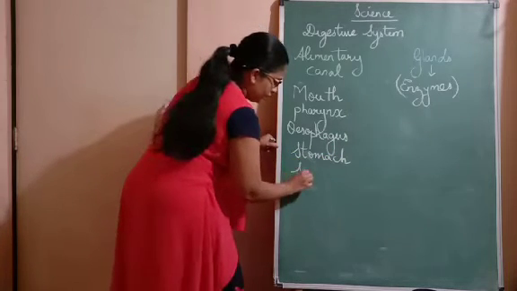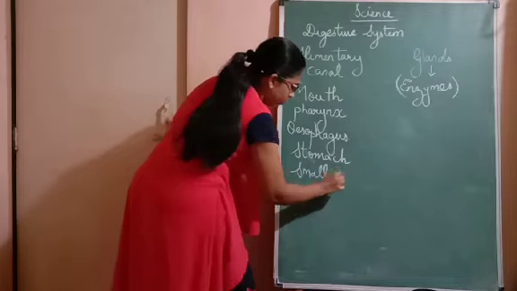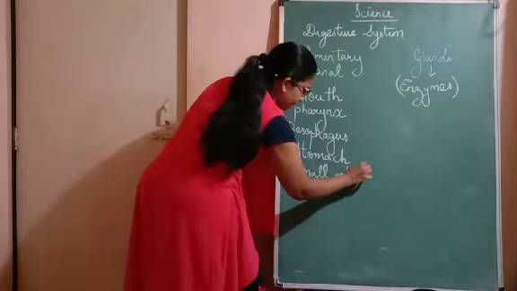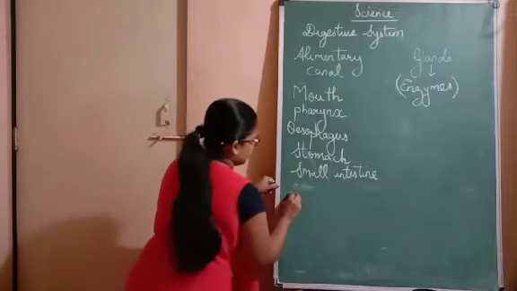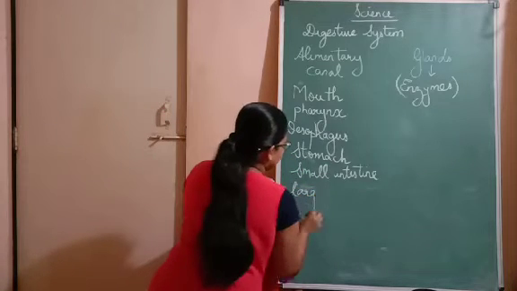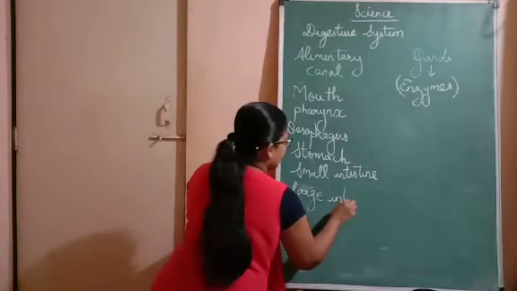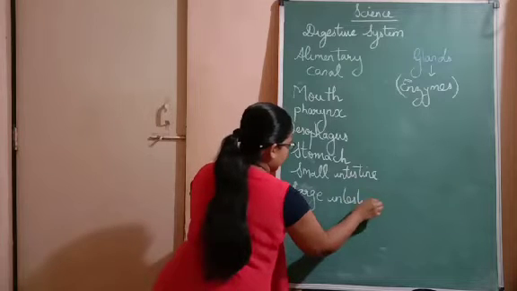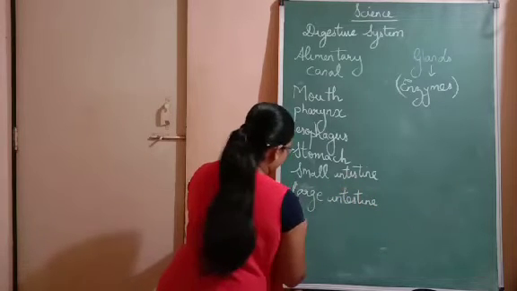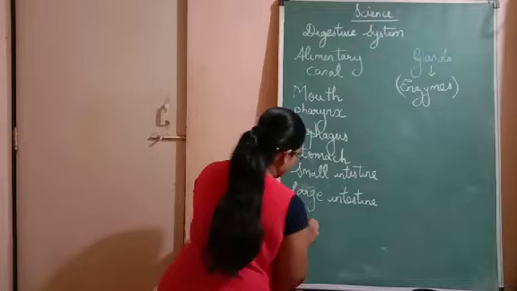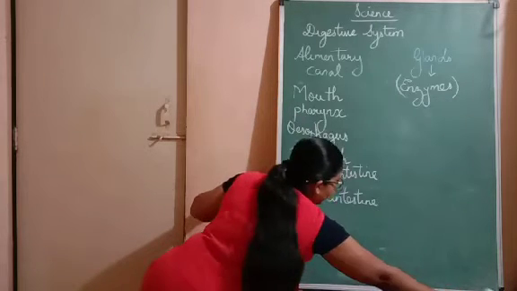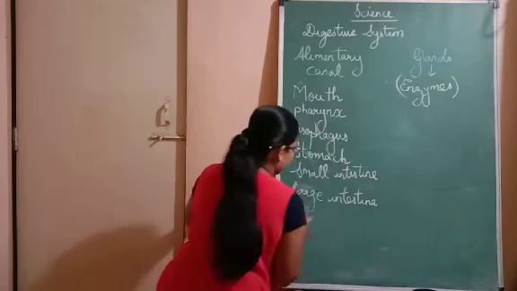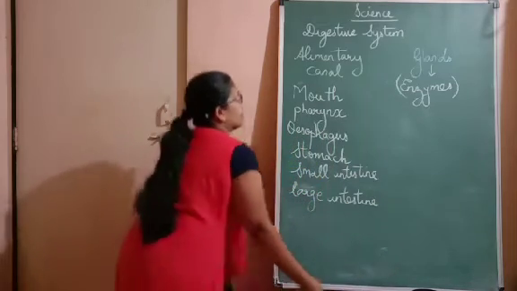Then we have the small intestine. After the small intestine comes the large intestine. And in the end, we have the anus, through which the body expels. So the anus is actually a part of the large intestine.